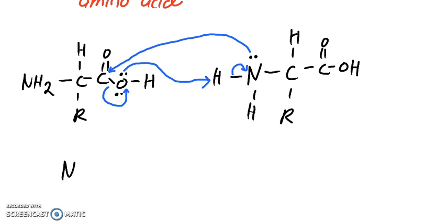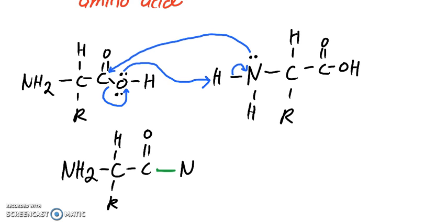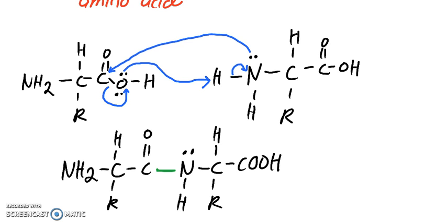So let's draw the product. NH2, CH, and then we have the carbon here, and here is this new bond that was just formed. Nitrogen got its lone pair back, still has one of its protons, and now we have the rest of the molecule. And then this is abbreviated COOH.